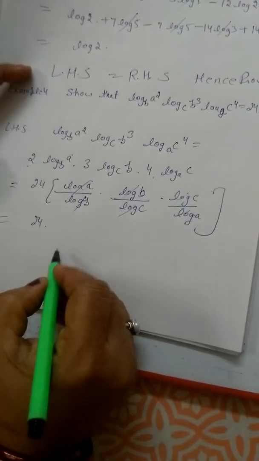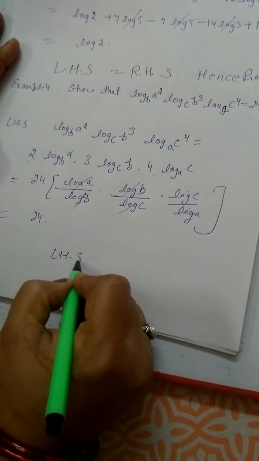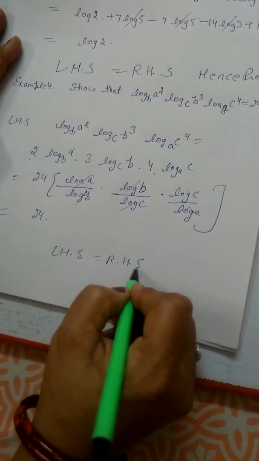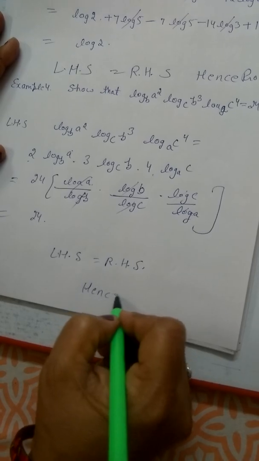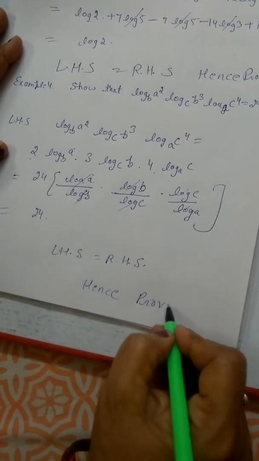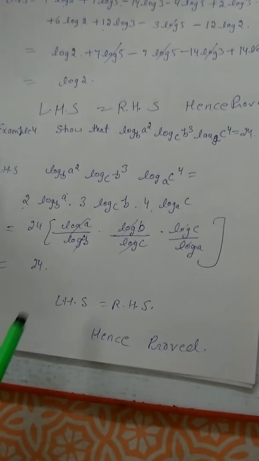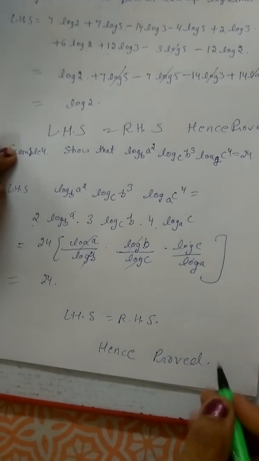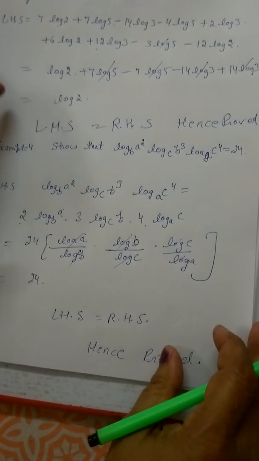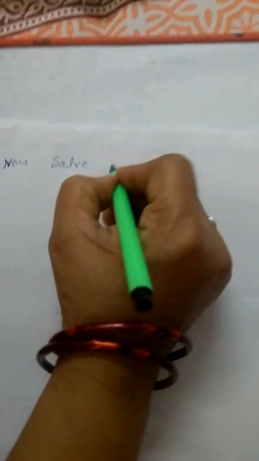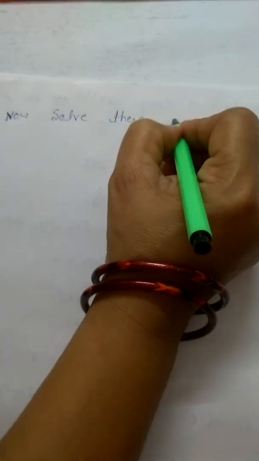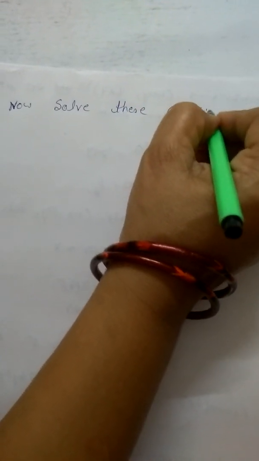That is our right hand side. Therefore, left hand side equals right hand side. Hence proved. Now, using the properties of logarithm, we have proved these four examples, and this is the chapter of logarithm. Now, solve these questions yourself.